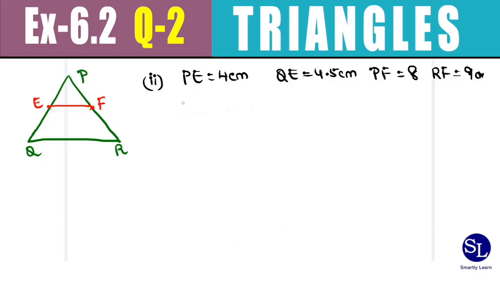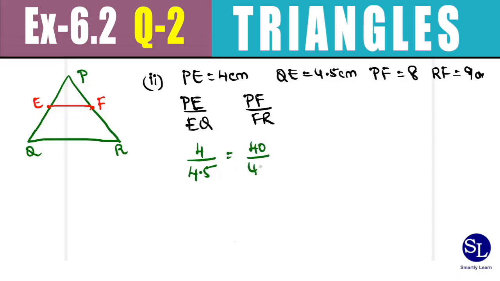Again we are going to compute PE divided by EQ and PF divided by FR. If they are the same, then we can declare these two lines as parallel. PE is 4, EQ is 4.5. To simplify, I can multiply by 10 on both sides. So 40 divided by 45, in simplest form, is 8 divided by 9.